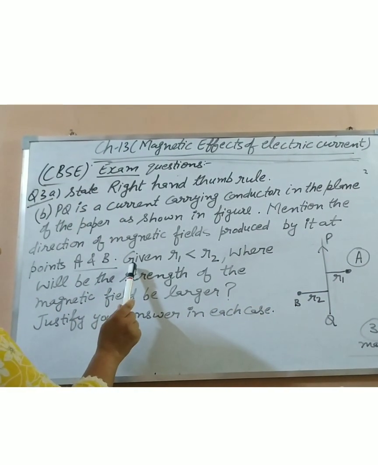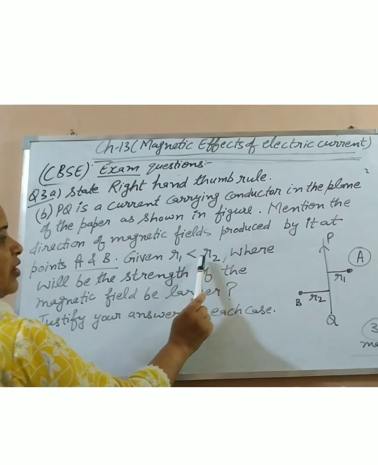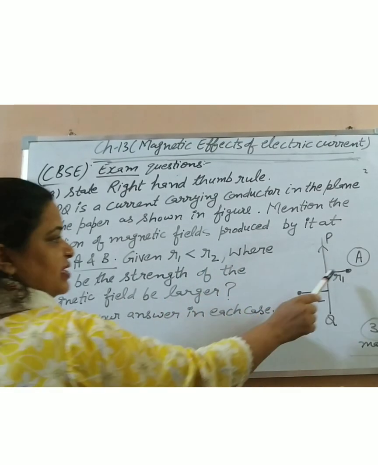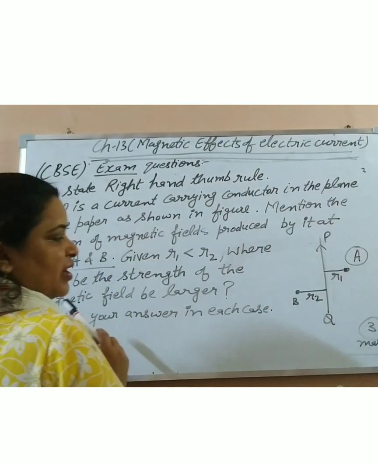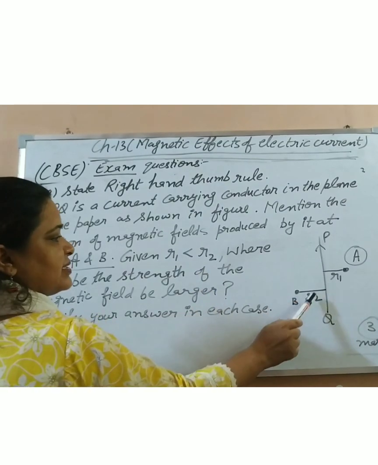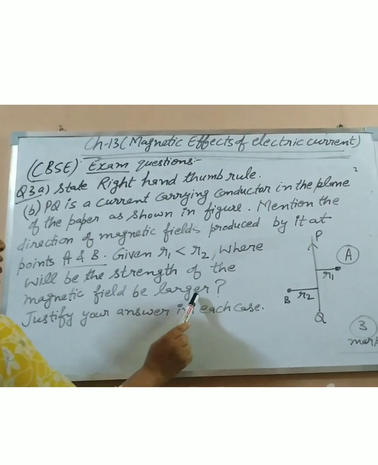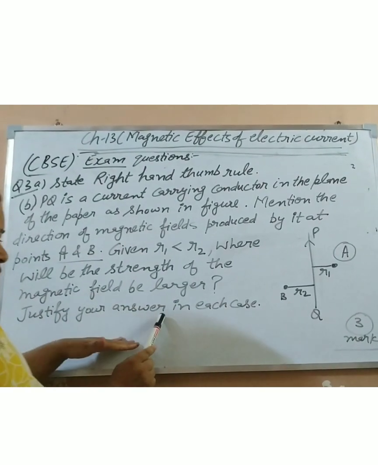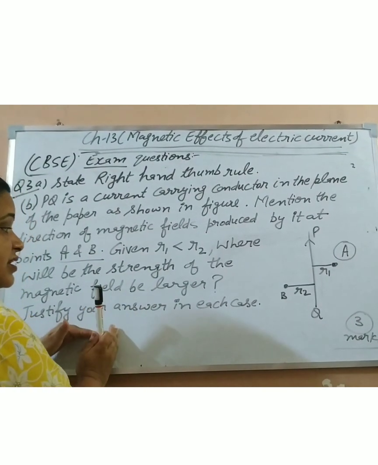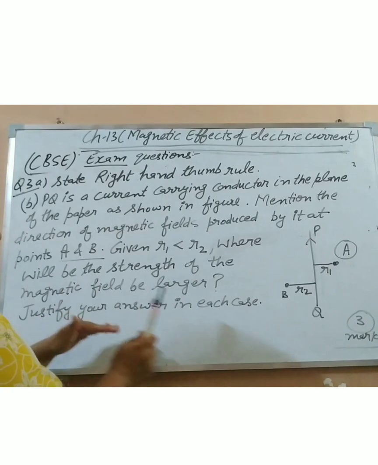Second part, what he has given: R1 is less than R2, meaning he has mentioned the distance of points A and B. Where will the strength of the magnetic field be larger? Justify your answer, meaning you have to give a reason and explain in each case.